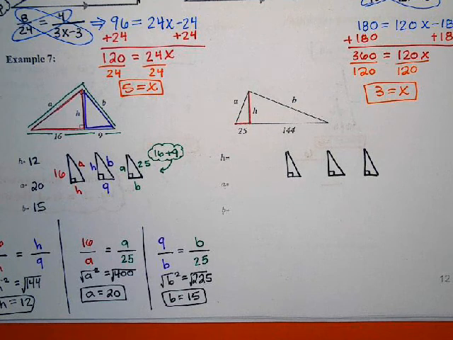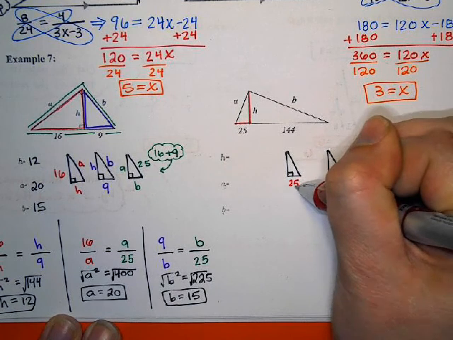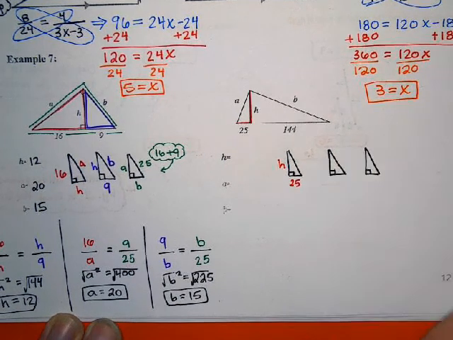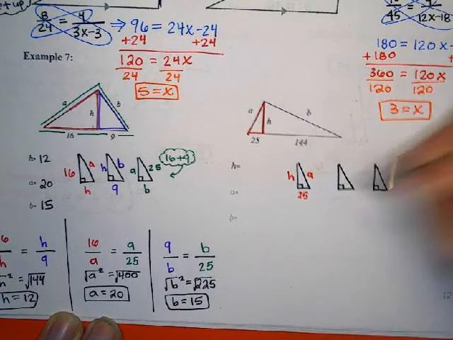Fill in that first triangle with the H, the 25, and the A. Is H or 25 shorter? Which one's short? The 25.